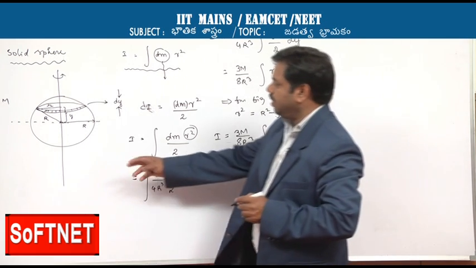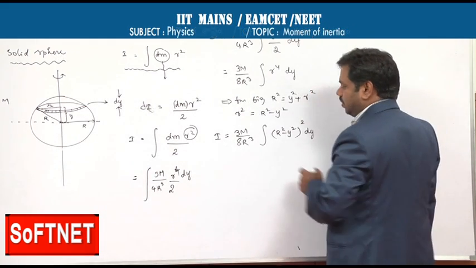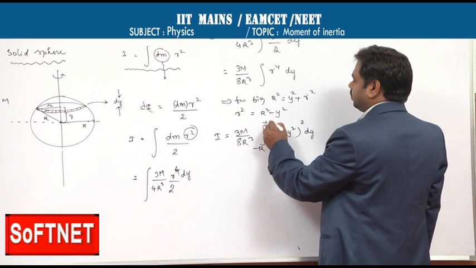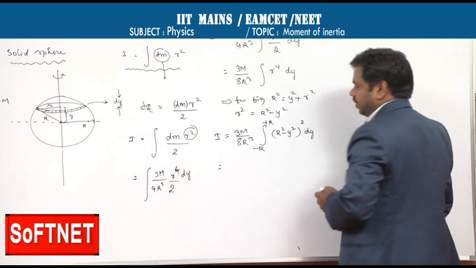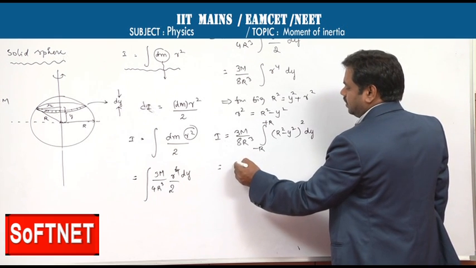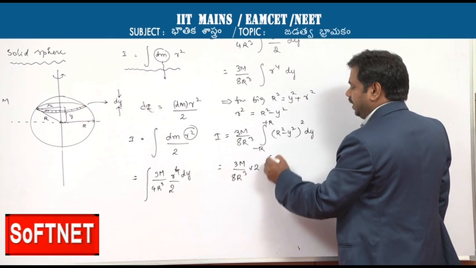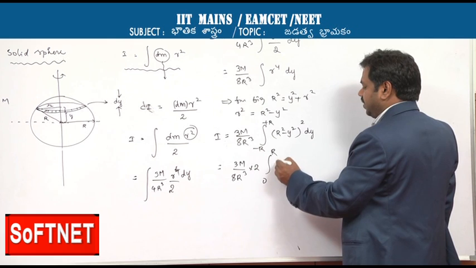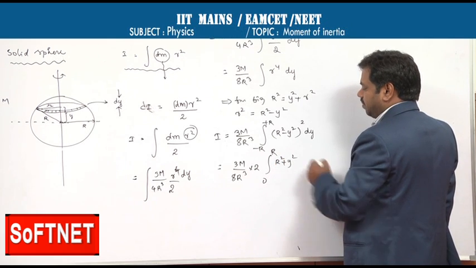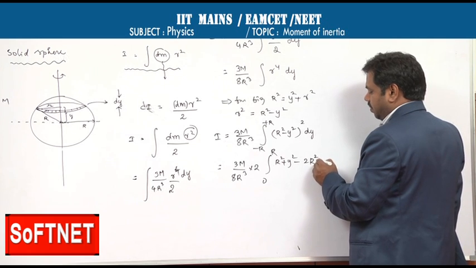The distance runs from minus R to capital R; these are the limits of this integration. Now this can be written as 3M by 8 R cube into 2 into the integral from 0 to capital R. On expanding this, R power 4 plus y power 4 minus 2 R square y square.